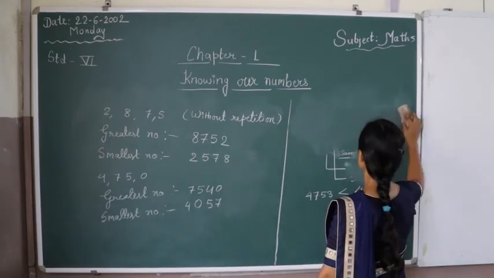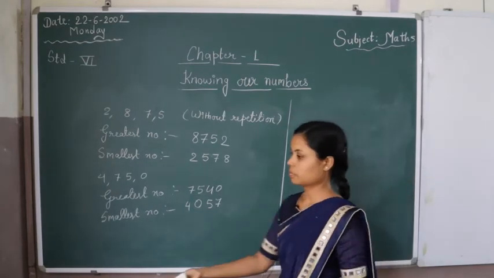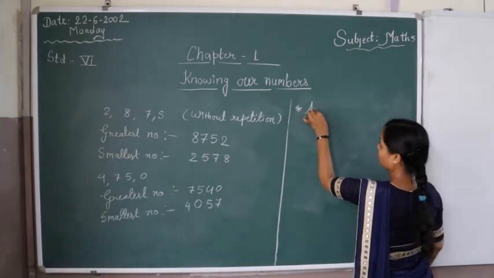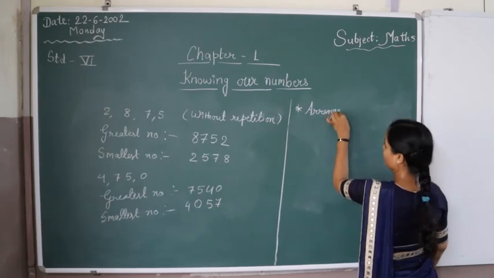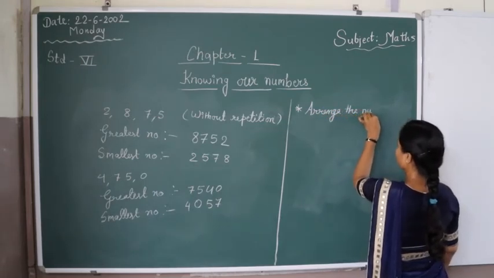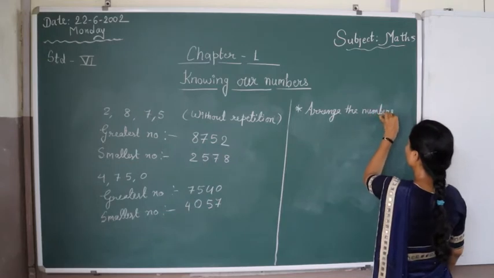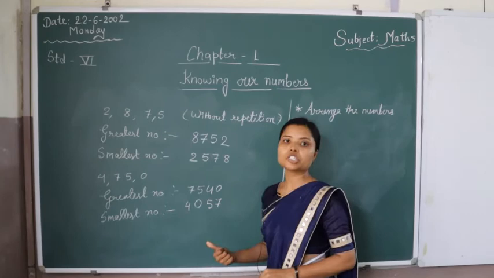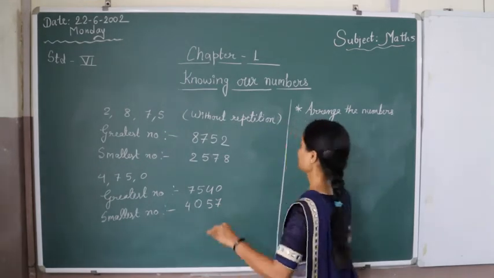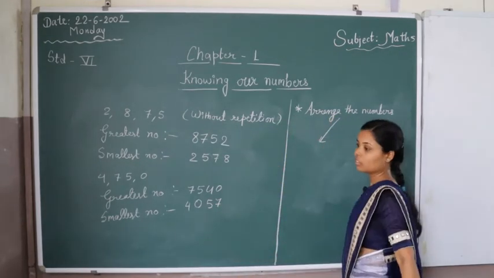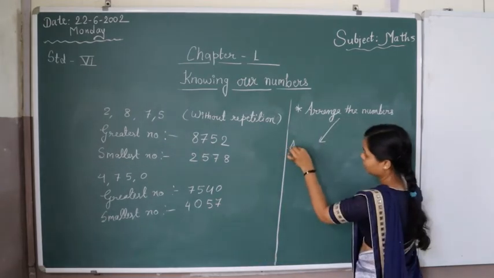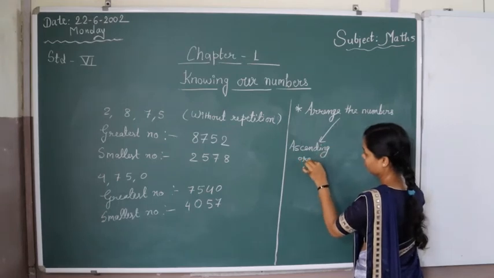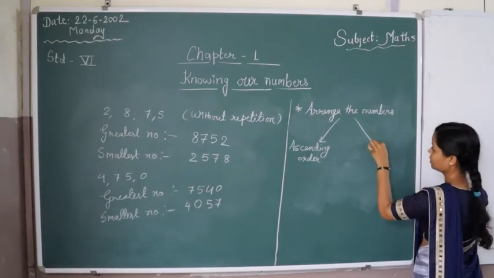Now we will learn arranging numbers. For arranging numbers, we can arrange them in two orders, ascending order and descending order.